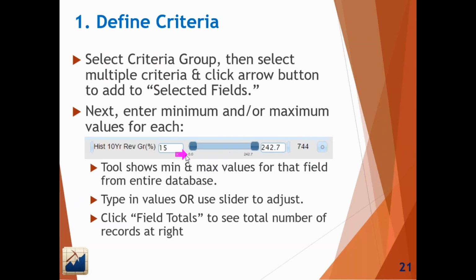You can see the lowest value of any company is a 0% growth rate over the last 10 years, and the fastest growth rate is 242.7 on an annualized basis. So again, that's an outlier, but you'll see that throughout the program, some very high figures.